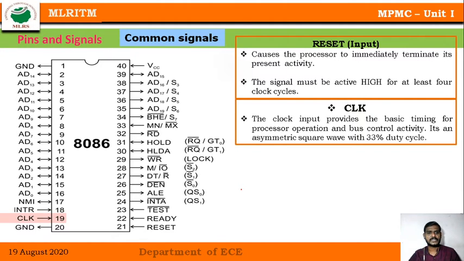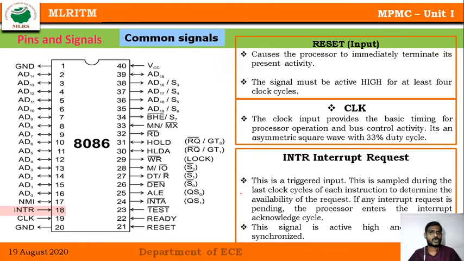For the 8086, it is required to connect an external clock generator to provide the necessary internal clock cycles, or T cycles, or machine cycles. The external clock signal needs to be connected through pin number 19.